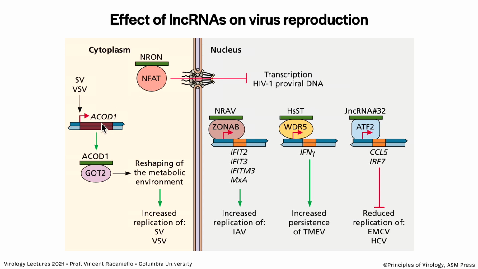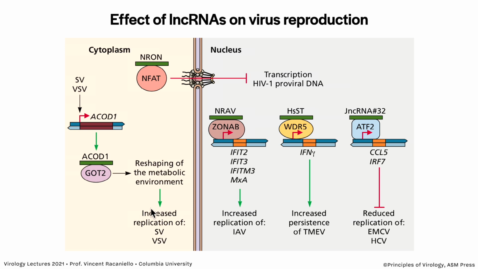So here is an example of a long non-coding RNA encoded by a gene called ACOD1, which is induced by virus infection. Here's Sendai virus and vesicular stomatitis virus. They induce this promoter, and it reshapes the metabolic environment of the cell to promote virus replication.